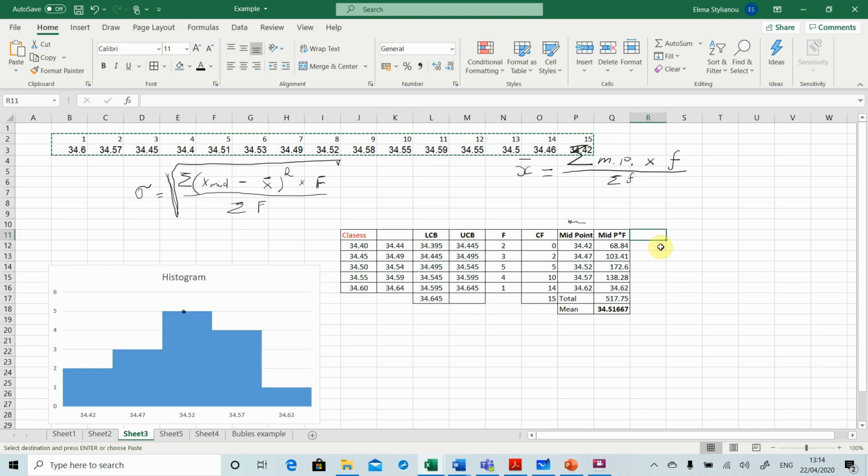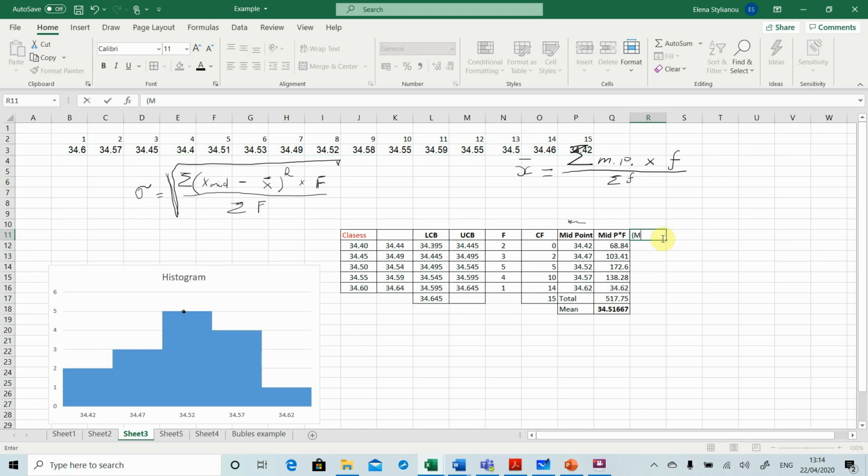Alright, basically let's do it. Now, what we need to do, we have to calculate from each midpoint for each class: we will take away the mean value and we will square that straight away here.